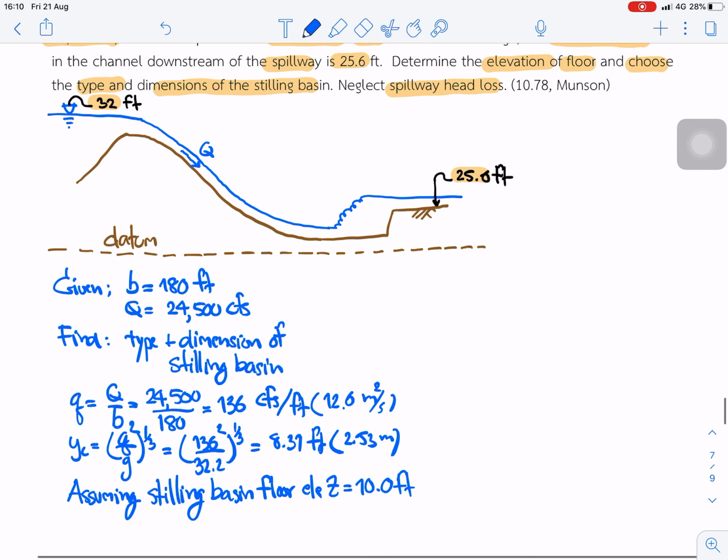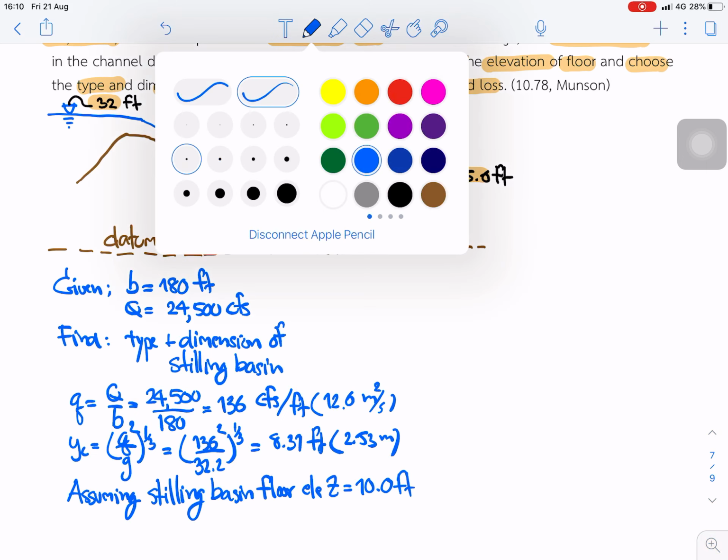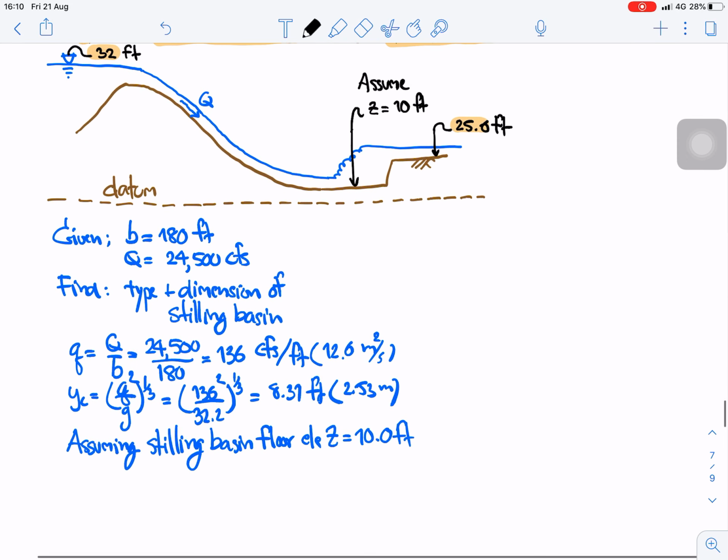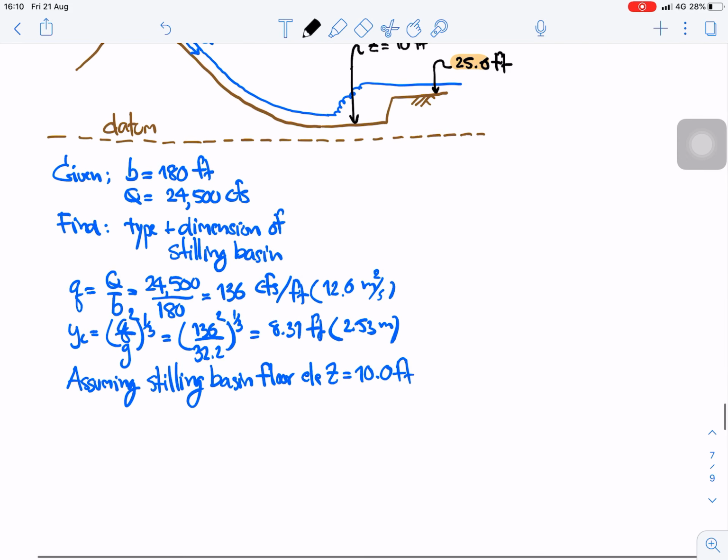So we assume that the bottom of the stilling basin floor elevation is 10 feet.